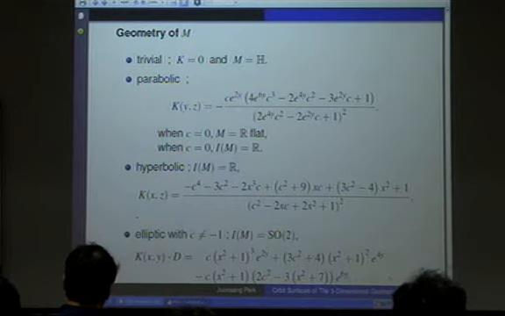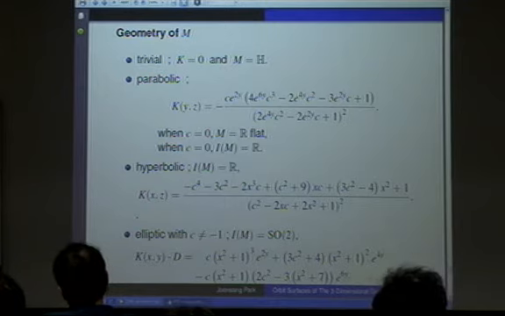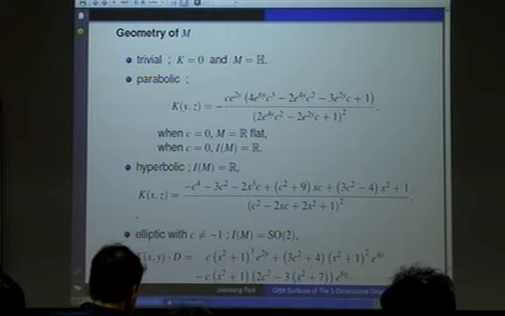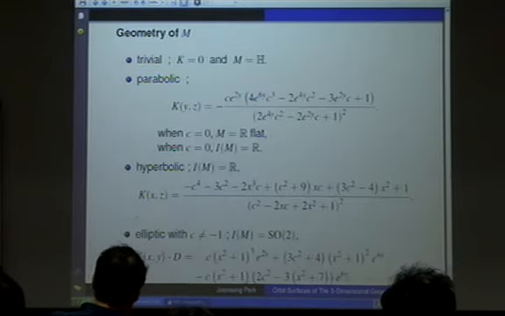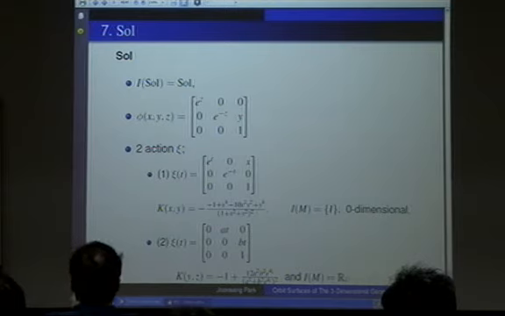But we should exclude this because when C is equal to -1, we cannot get the free action. And in the elliptic case, the K is terribly complicated, as you see here. But anyway, there is one-dimensional symmetry.